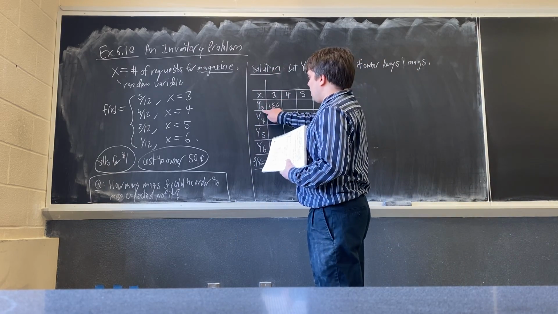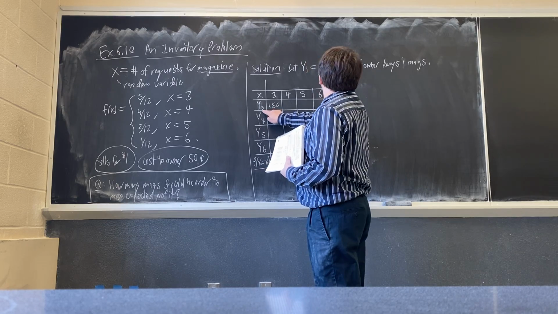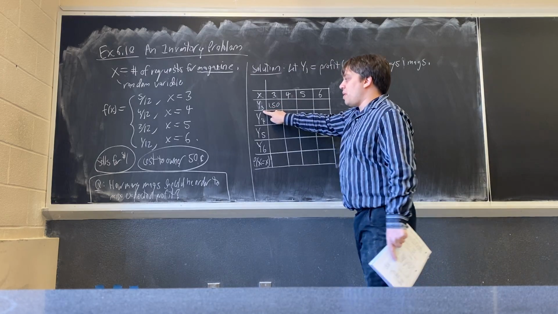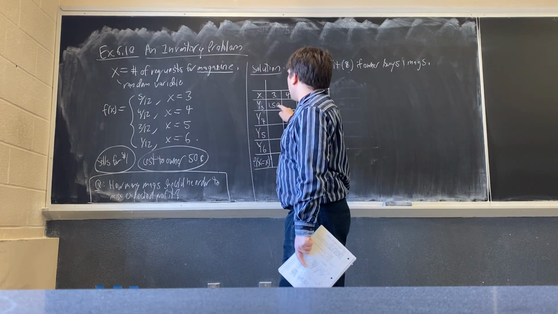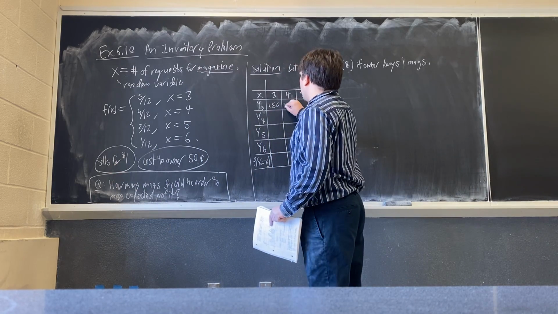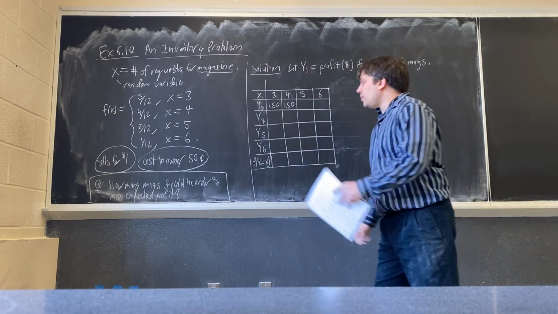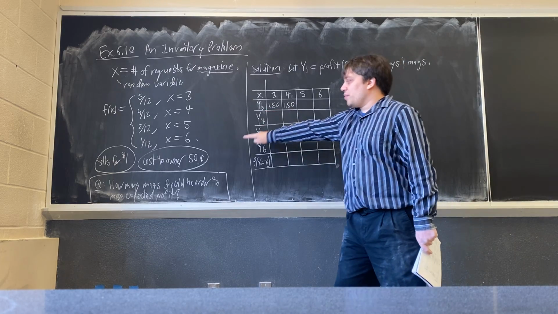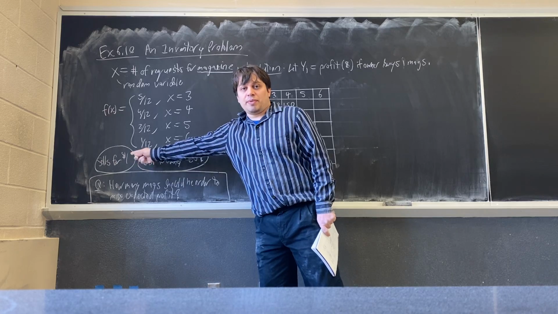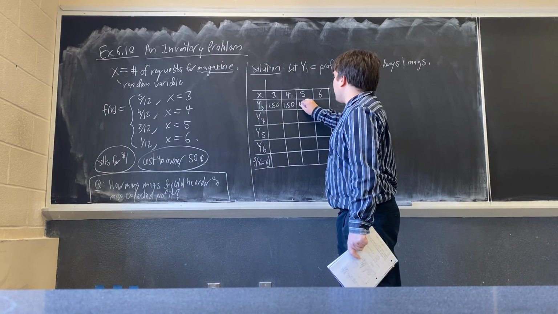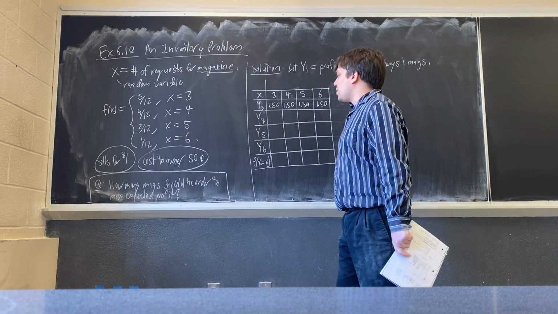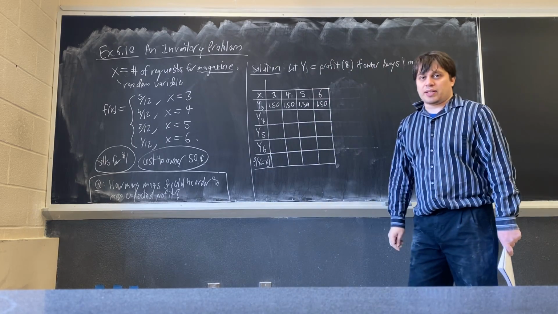If he buys 3 magazines and 4 are requested, he can only sell 3 because he only bought 3, so he still makes $1.50. Same if 5 are requested, and the same thing applies for 6. He can only sell the 3 he bought, so he only makes $1.50.